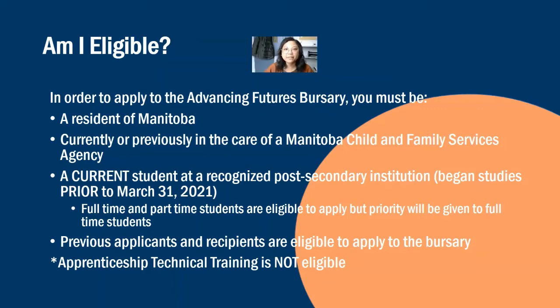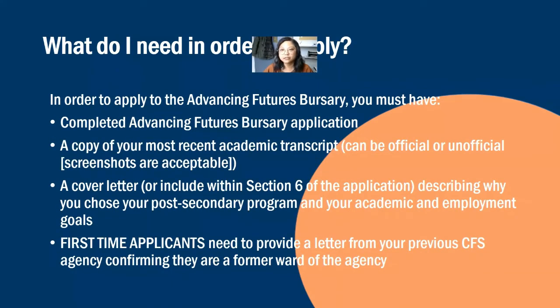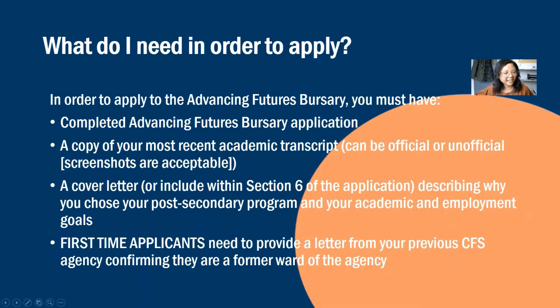Perfect, thanks, Sam. Okay, so we looked at all of those eligibilities and am I able to actually apply to it, and you checked all those boxes and you're good to go. Now we have to look at what do I need in order to apply. So in order to apply to the Advancing Futures Bursary, you must have completed the Advancing Futures Bursary application, and Sam and I will show you where you can find that.